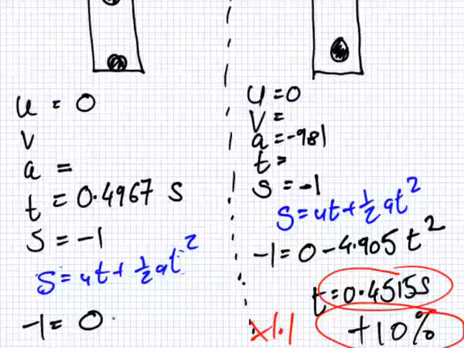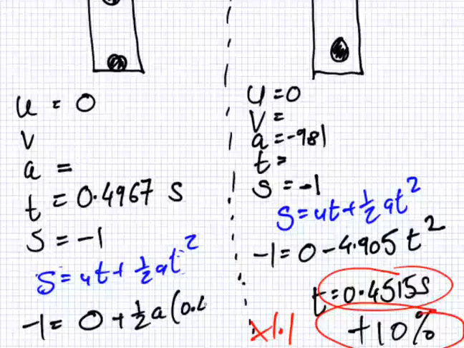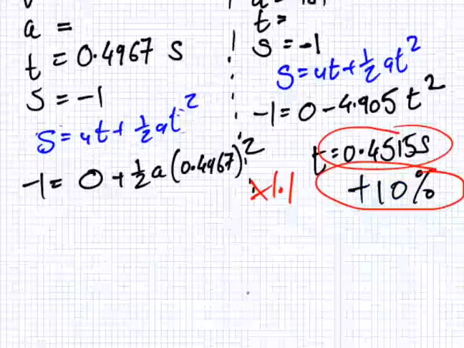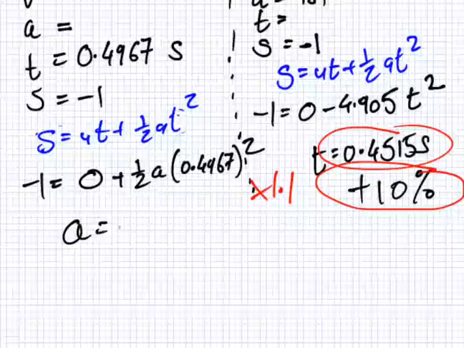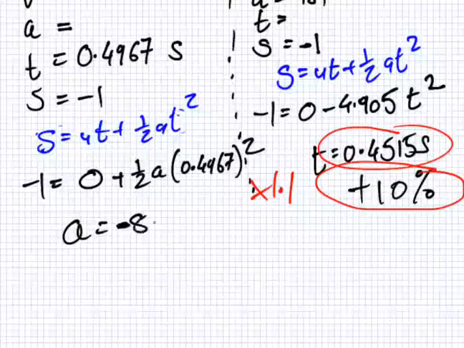No, actually I don't want this formula, sorry, because I don't know the V. What formula could I use? The S one again. Yeah, you can use the S one. So S equals UT plus a half A T squared.